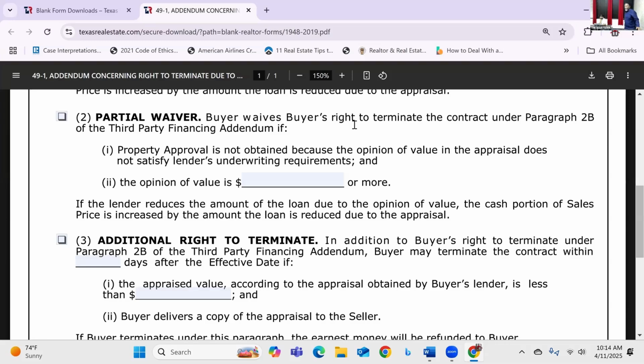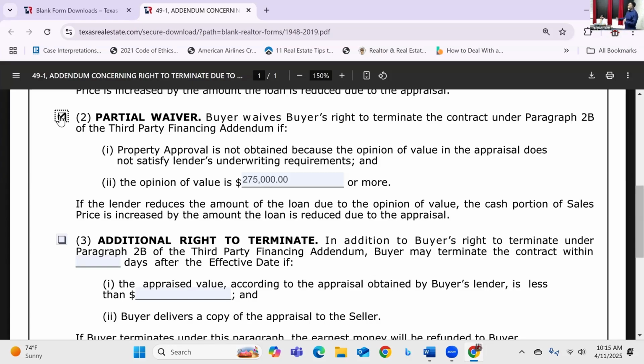Example: let's go back to this $300,000 property. We've got a contract for $300,000 and we're under contract. Let's just imagine they said, as long as it appraises at $275,000, and they have to click in this box.